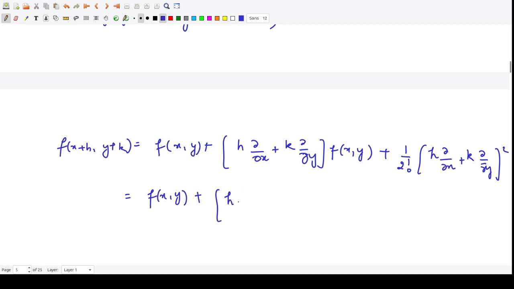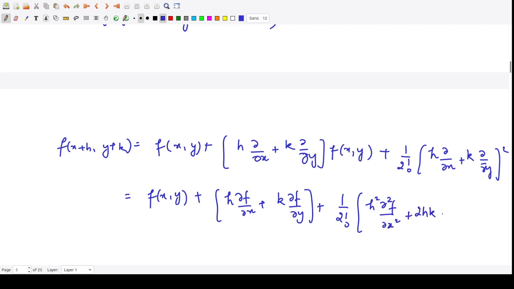So it will be h ∂f/∂x + k ∂f/∂y, and then you will open up this second bracket. So the square of this would be h² ∂²f/∂x² + 2hk ∂²f/∂x∂y + k² ∂²f/∂y² plus so on.